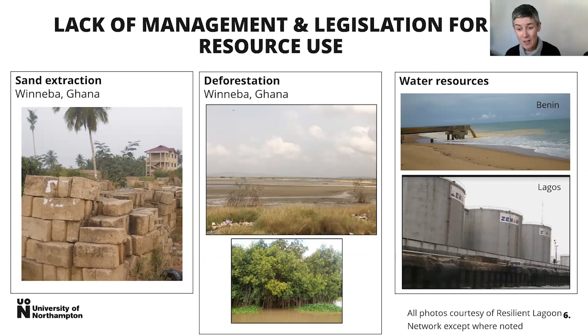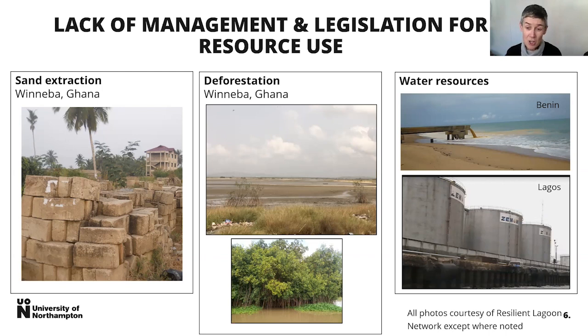And I mentioned the effluents already related to sewerage and waste in terms of hard plastics. There's also challenges around the regulation of industrial effluents. Nigeria has some of the worst oil spillages and discharges in the globe.